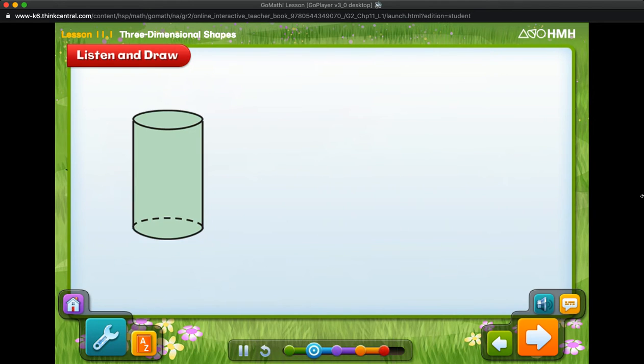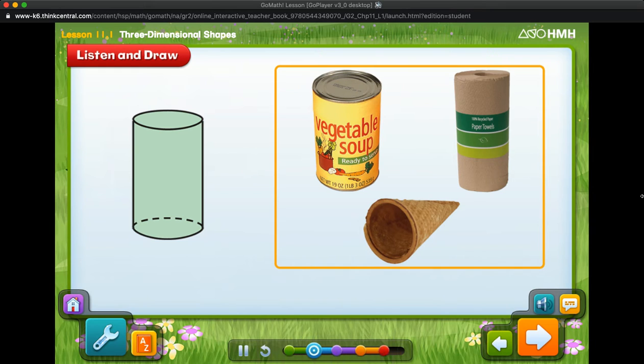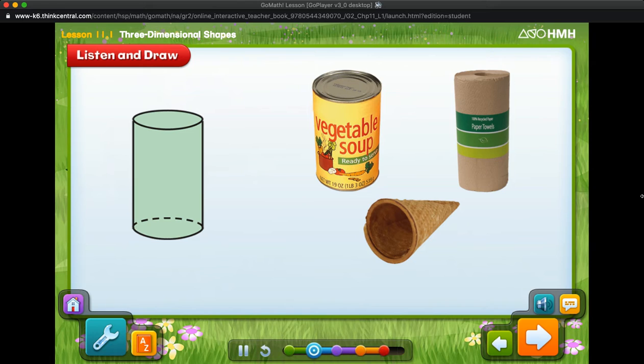Now let's look at this shape. Let's find the everyday objects that have this shape. Does a soup can have this shape? Yes, a soup can has a curved surface and 2 flat surfaces like this shape does. It also has a top and bottom that match. What about a paper towel roll? Does it have this shape? A paper towel roll has this shape too. Both the top and the bottom of the paper towel roll are circles.